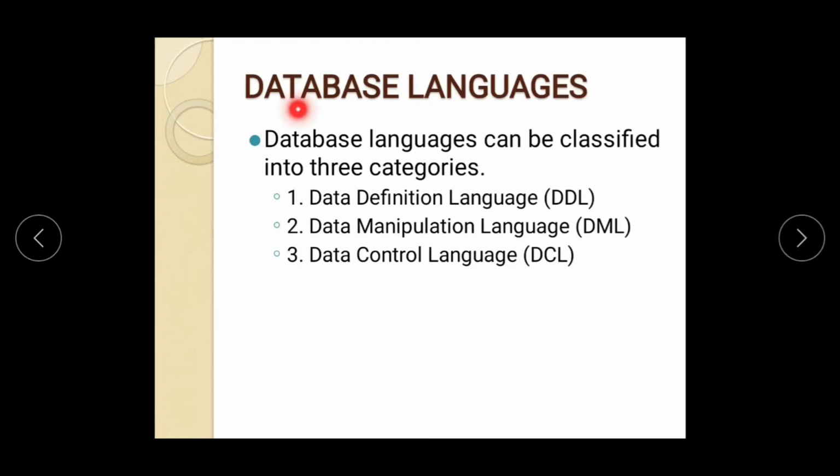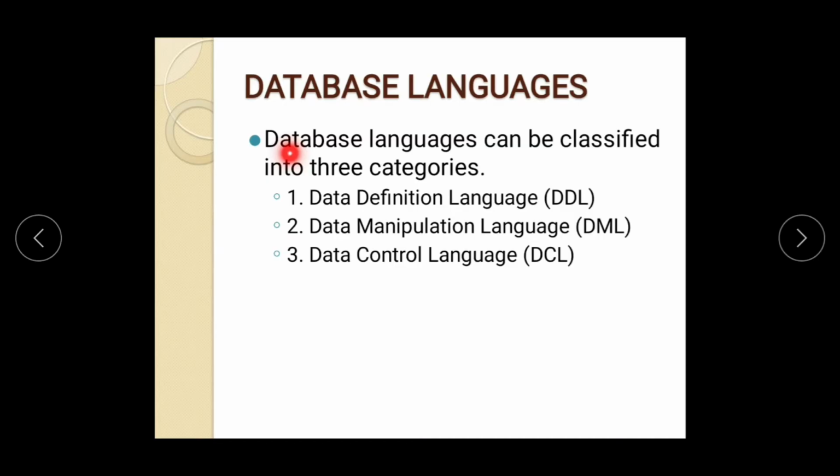Database languages are classified into 3 categories. From the word itself we can say that a database language is an interface used to communicate with the database. Suppose we have a student database, where we have stored all the details of college students.